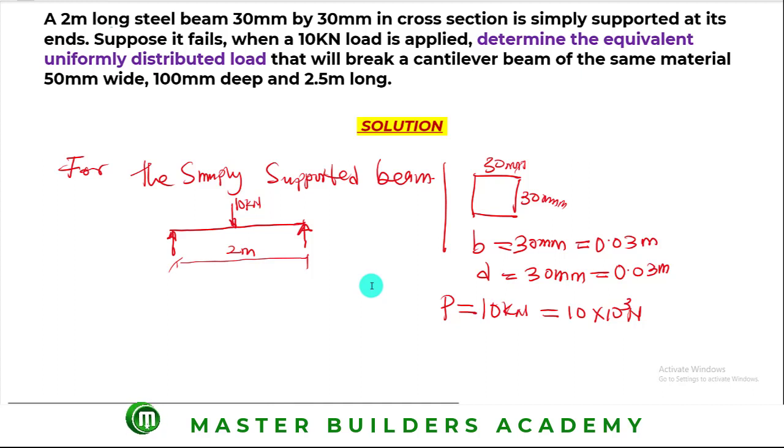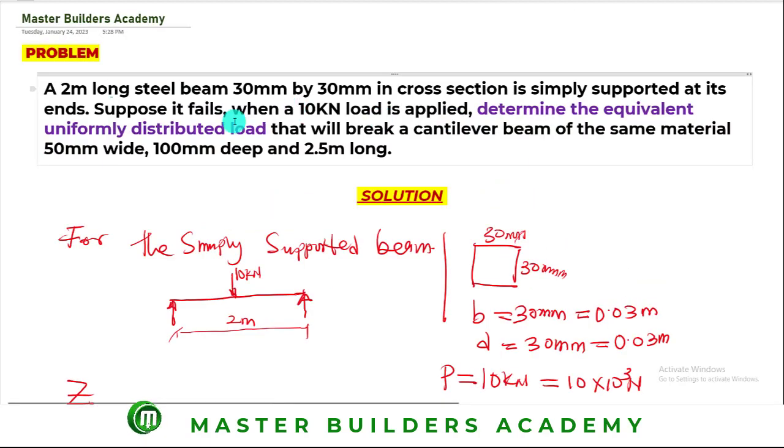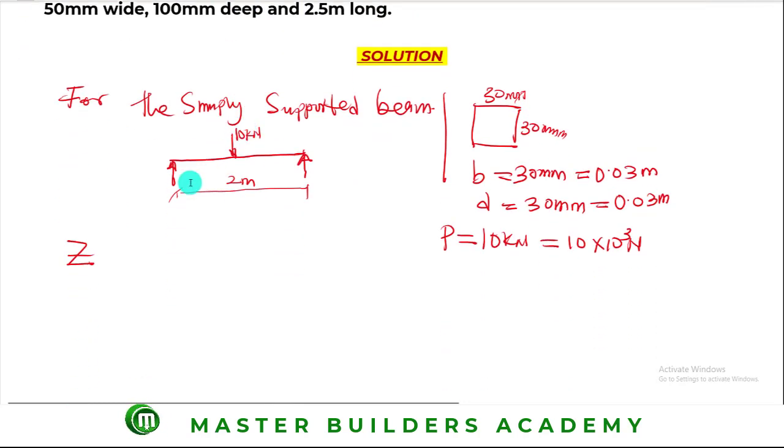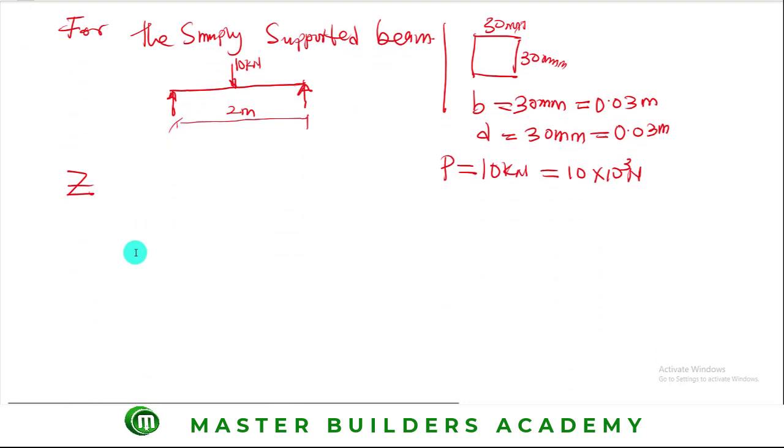Now, what next? The next thing we are quickly going to do is to find the section modulus. Okay? All right. As you can see, if it is elastic, we're using the elastic section modulus to have this done. So elastic section modulus is given as BD squared over 6.